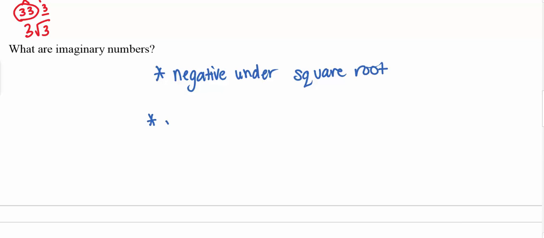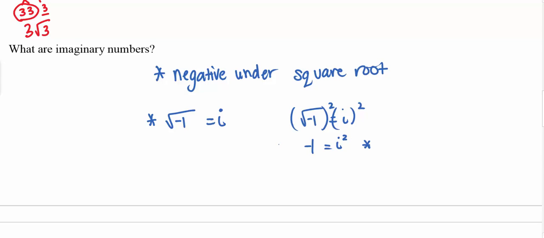So the main thing is that the square root of -1 we define as I. Another important feature of this square root of -1 and I is if I square both sides, the square root of -1 squared is -1, equals I squared. These are the two important things that we're going to use to perform the next few operations. And this holds true for all imaginary numbers.